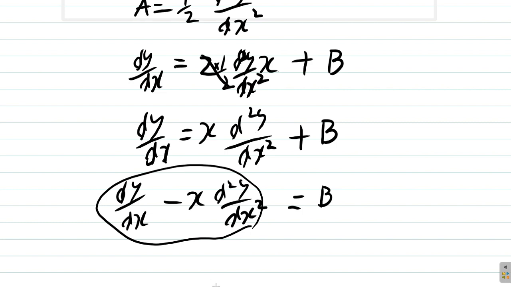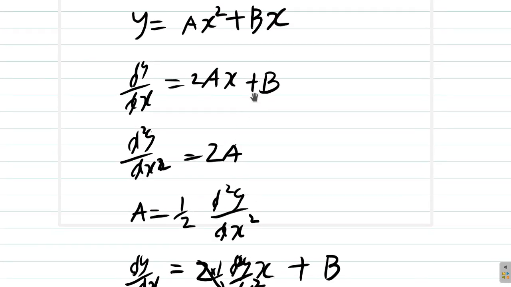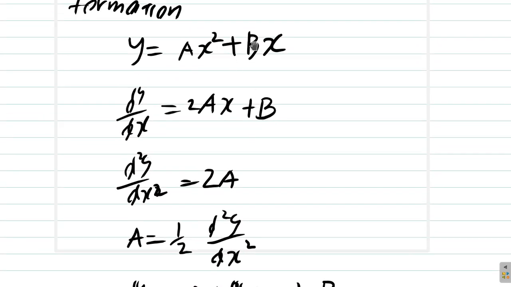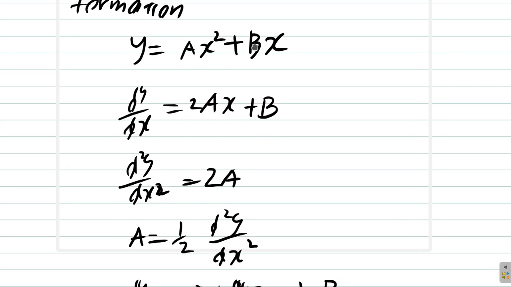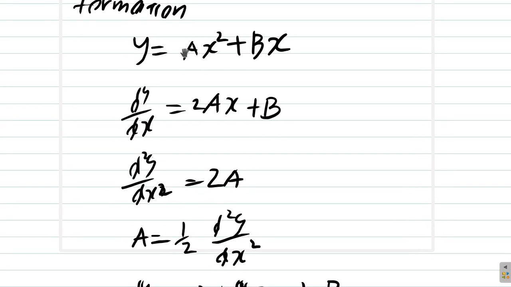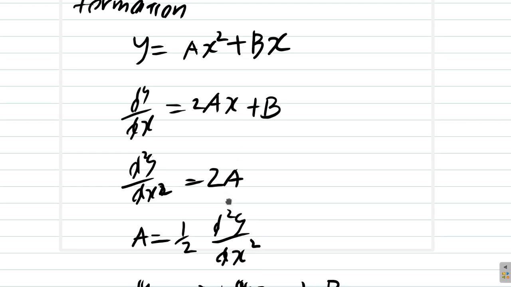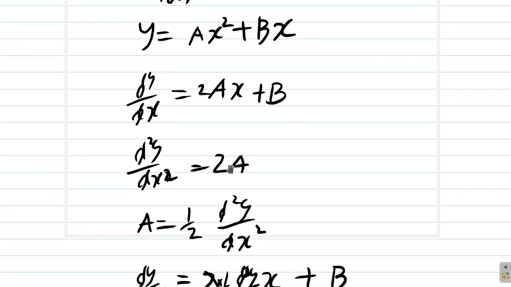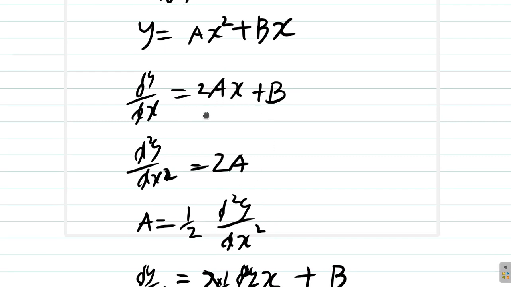B is all of this. Right? Now, let's look back up here. We have our b right here. So, we already substituted a in this one, the one that says dy by dx.